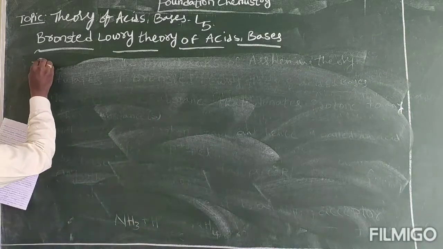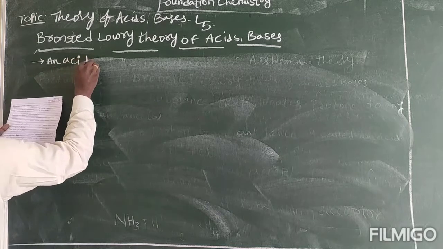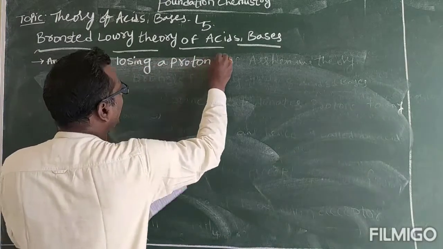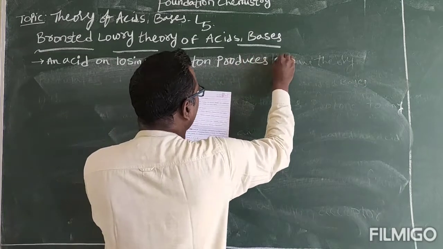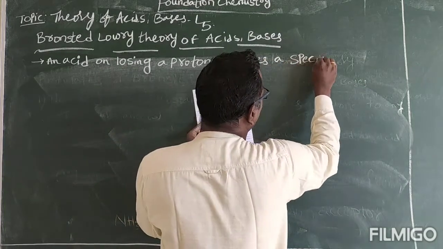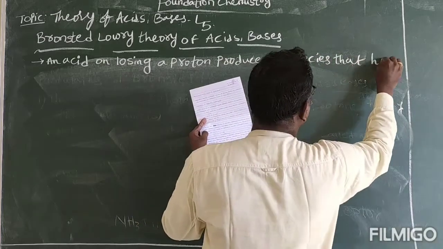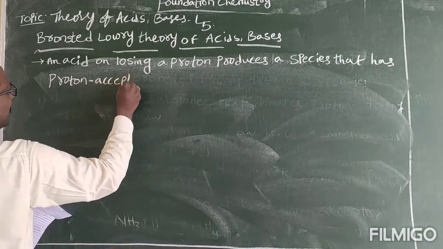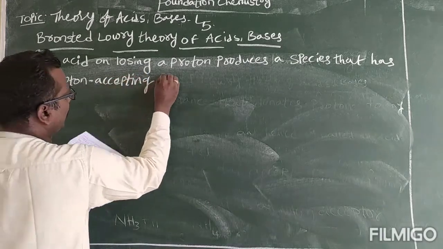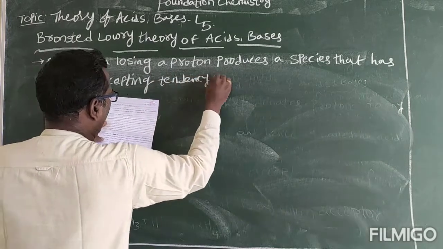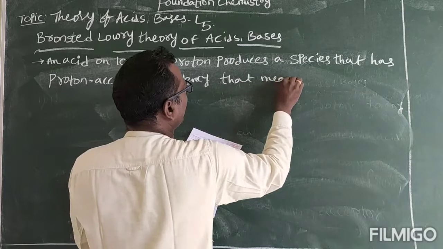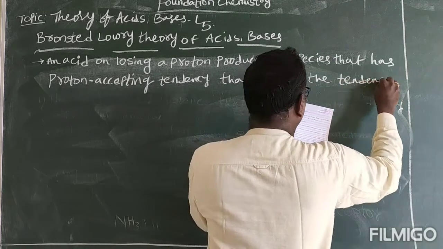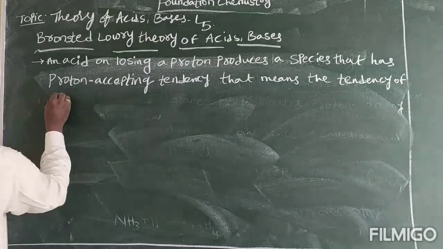So an acid on losing a proton produces a species that has proton accepting tendency, that means the tendency of a base.